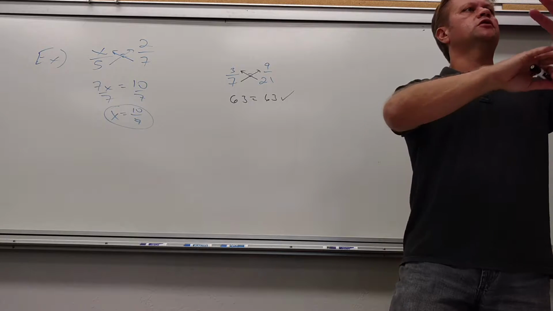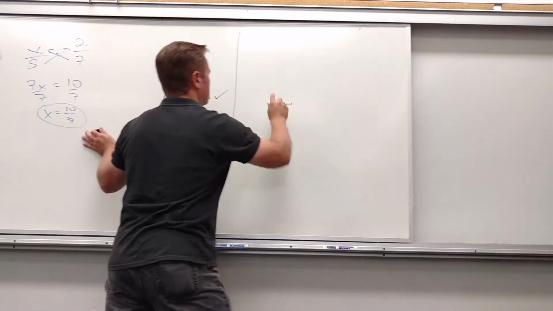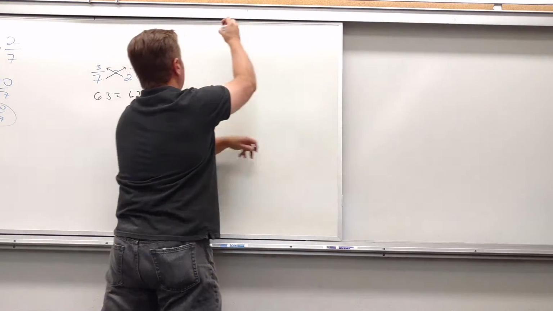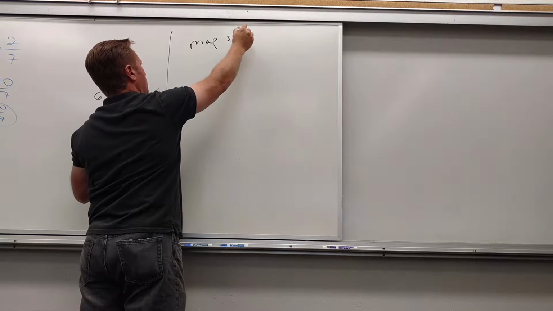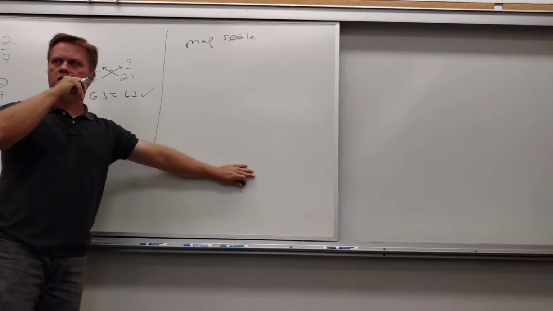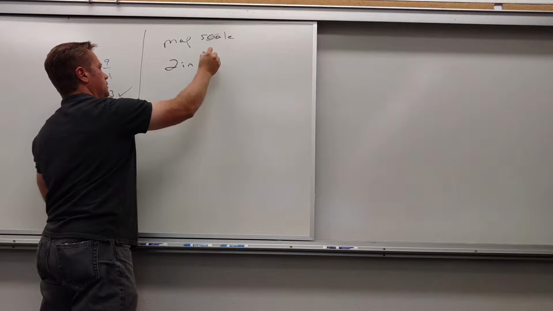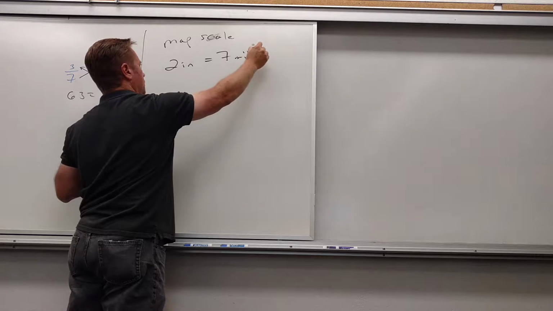All right, so 2.4 is all about ratios. Let's do one last example before I get too far away. This is a classic ratio proportion problem. If on a map the scale is 2 inches is the same as 7 miles.